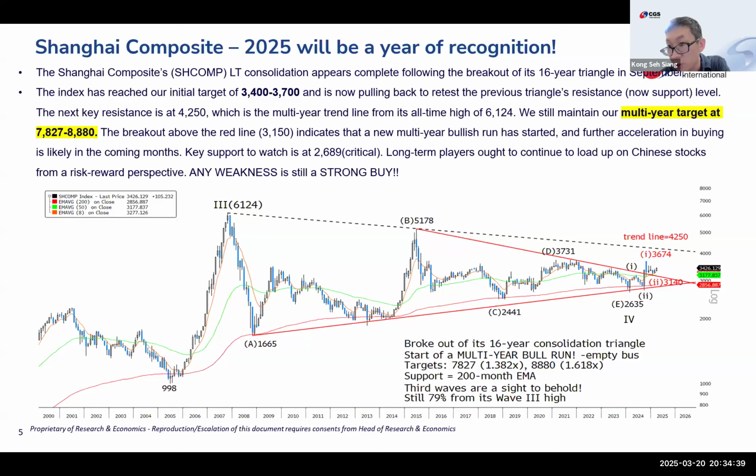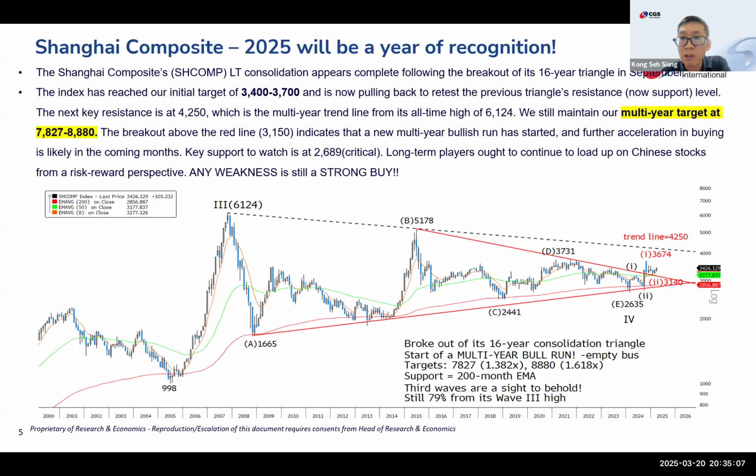From the 2024 low, there is also a structure of higher highs, higher lows, and a series of ones and twos may be in place, and we could be at the start of wave 3 coming through. The red wave 3 will be where the strong move will come in, and where most funds will also start to take a look, not just take a look, but possibly participate in the current moves higher for the Shanghai Composite.